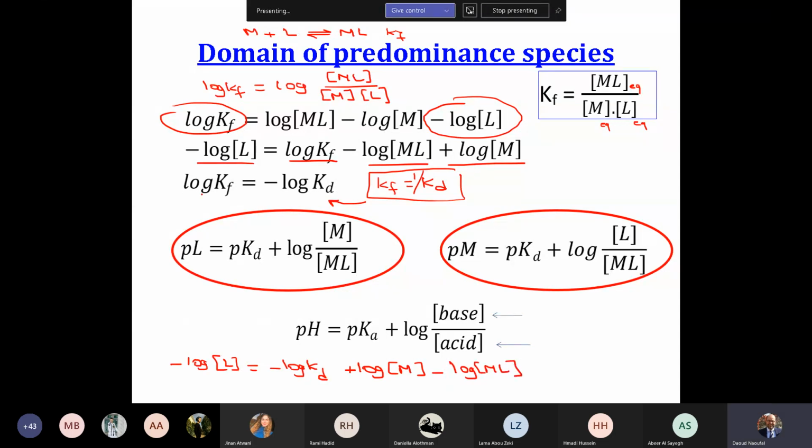Minus log L, so this is PL, equals minus log Kd, this is PKd, plus log M divided by ML.